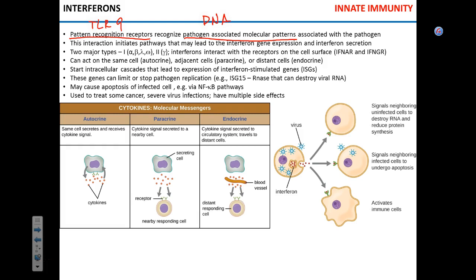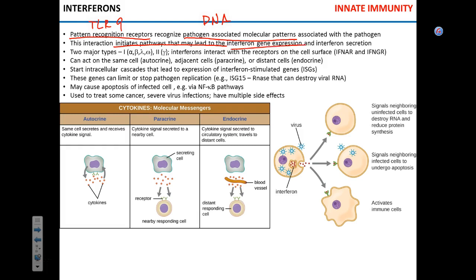And when this recognition happens, TLR9 initiates an intracellular signaling pathway. The proteins activated in that pathway eventually translocate into the nucleus and bind to the promoter for so-called interferon genes.